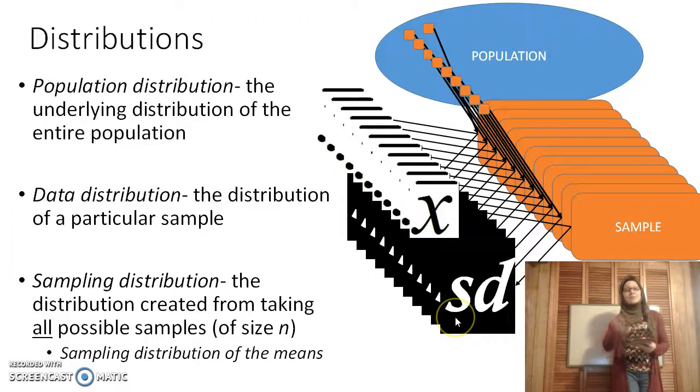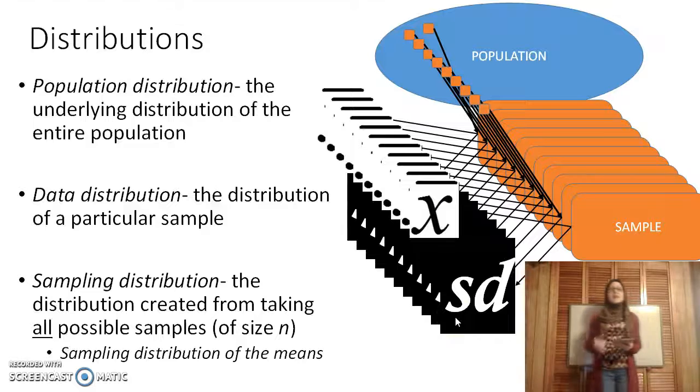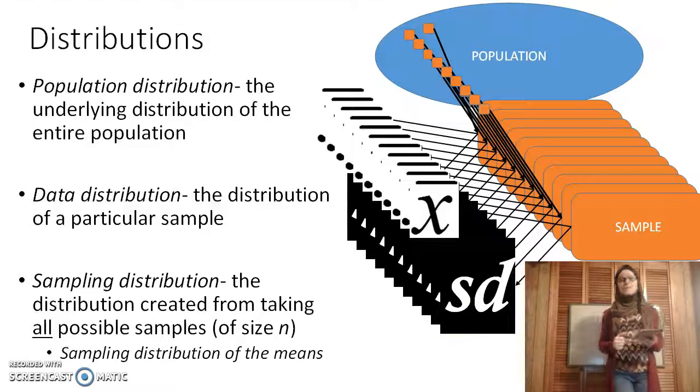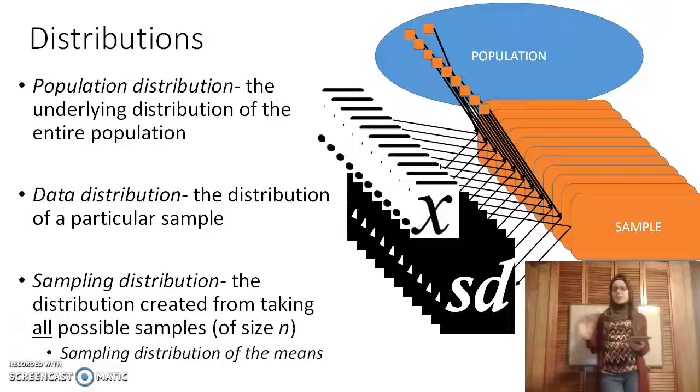So I could get a sampling distribution of the standard deviations. Later on in the class, we'll talk about proportions. I can get a sampling distribution of proportions. There are other parameters that we can estimate, that we can compute statistics from samples. In our class, we're going to focus on sampling distributions of the mean and sampling distributions of proportions.